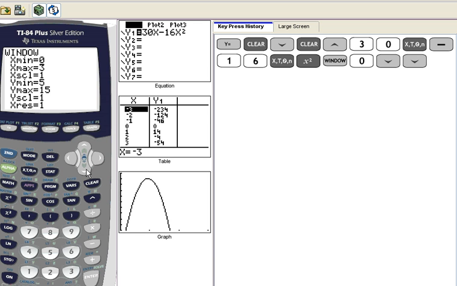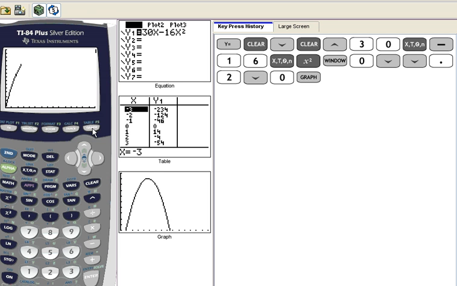My scale, I think I'll make that 0.2, which means every 0.2 seconds. My y min can be 0, because I don't really care about the height when it was less than 0, that would be like on the ground. And for my y max, I remember that after 0.5 seconds we were up to 11, so a max of 15 might be good. So now I'm going to graph this.